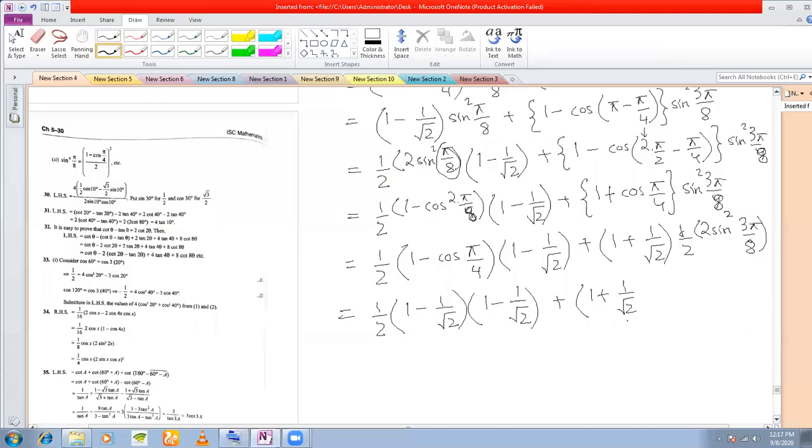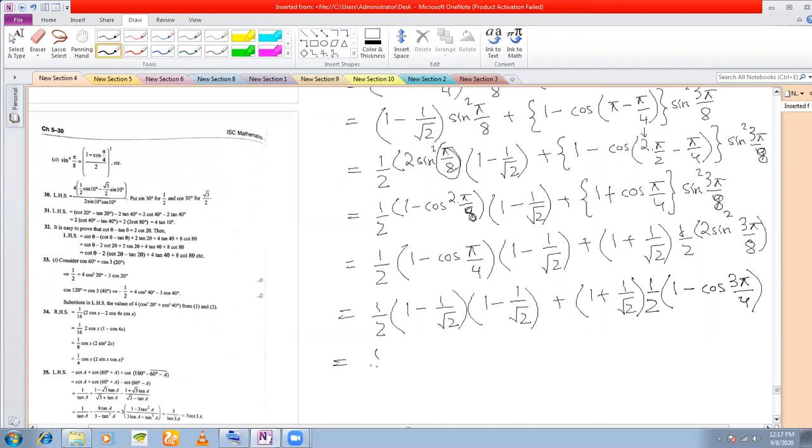So this is 1 plus 1 by root 2 into half of 1 minus cos 3 pi by 4. Half of, sorry, double of 3 pi by 8.